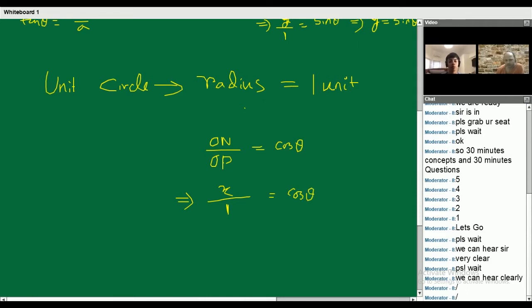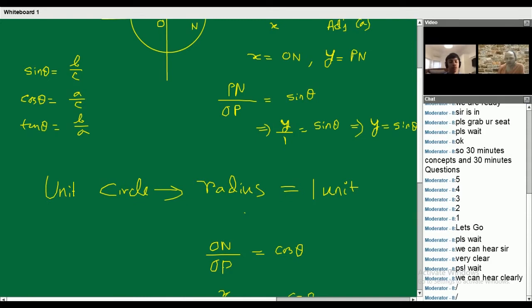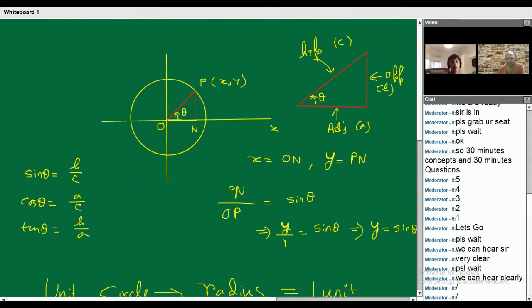So what would be the final relationship? Yes, x is equal to cos theta. So we got y equals sine theta and x equals cos theta. So the same coordinate P can be written as cos theta comma sine theta.